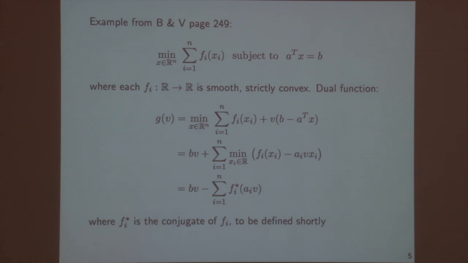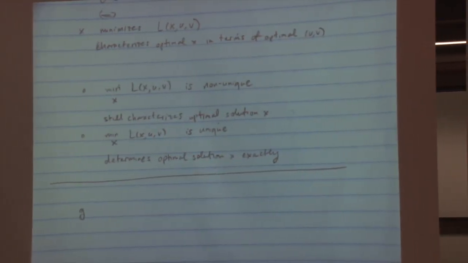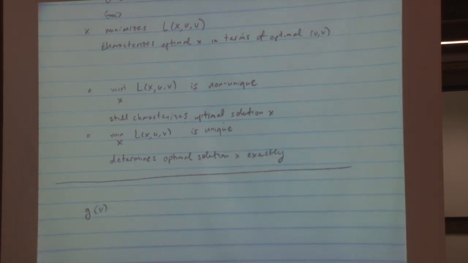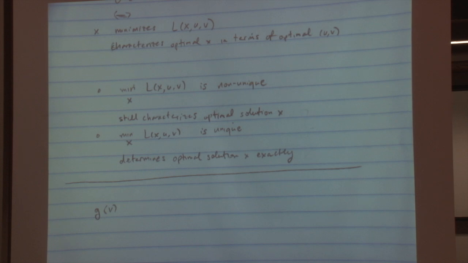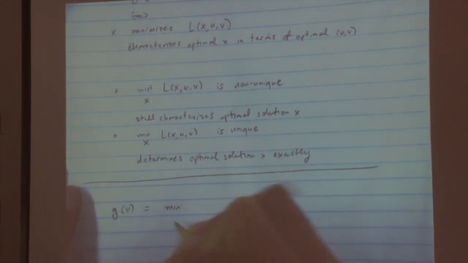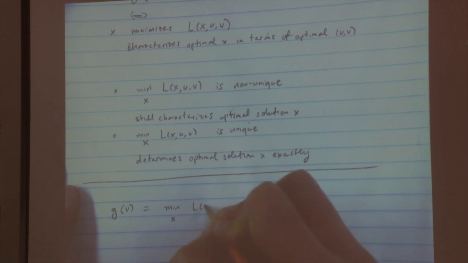So remember, the dual function is first of all a function of only one variable here. It's very nice because I have one constraint. So the dual is going to be a one-dimensional problem, and it's given by minimizing the Lagrangian over all x.